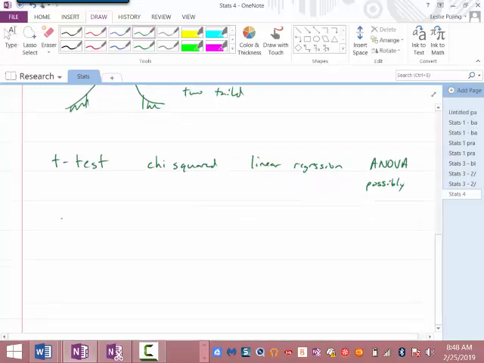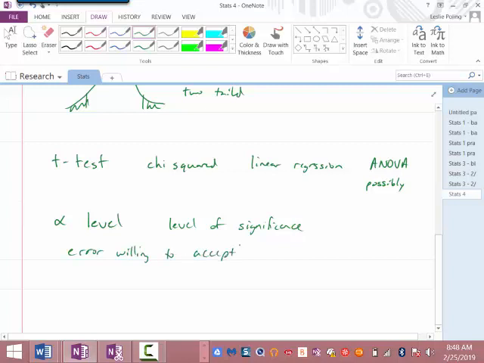So, you need to define an alpha level. This is your level of significance. It's really the error you're willing to accept.